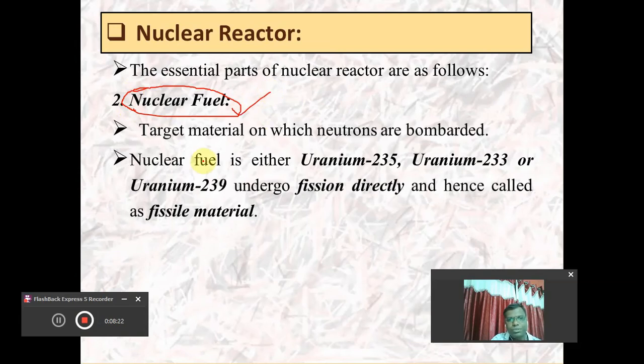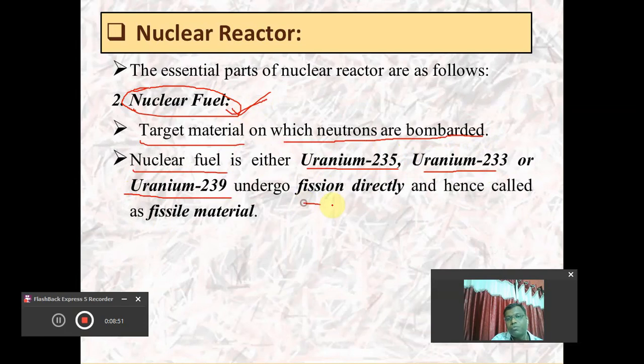Based upon the process, these nuclear fuels are divided into two types that we will discuss here. So what is this nuclear fuel? Nuclear fuel is the target material on which the neutrons are bombarded, and that target is called the nuclear fuel. This nuclear fuel is either uranium-235, uranium-233, or plutonium-239.